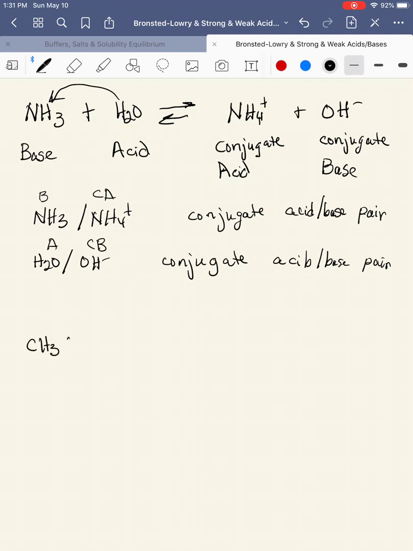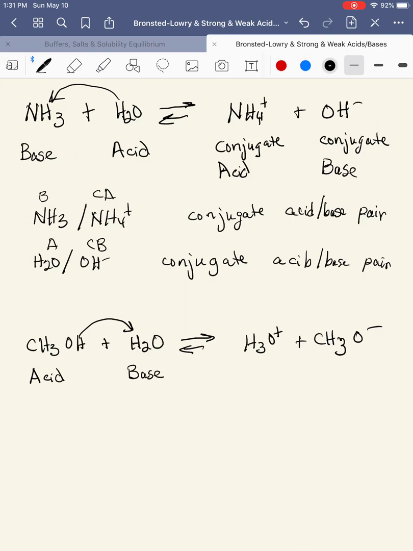CH3OH, this is methanol. We're going to use water again, just because it's easy. And we're going to get H3O plus and CH3O minus. Okay, who is giving up the hydrogen? Well, the methanol is giving up the hydrogen to the water. Therefore, the methanol, or the CH3OH, is the acid. H2O is the base.